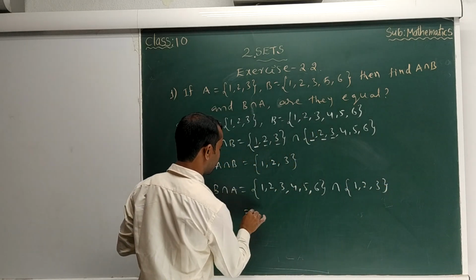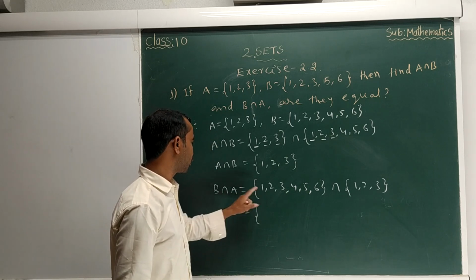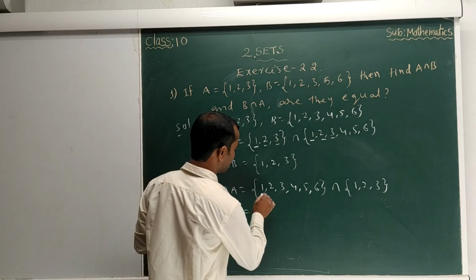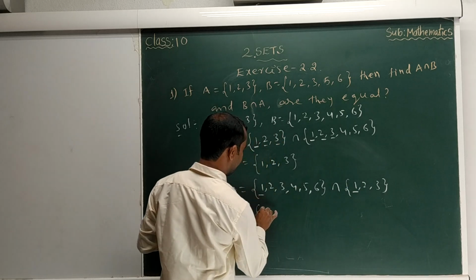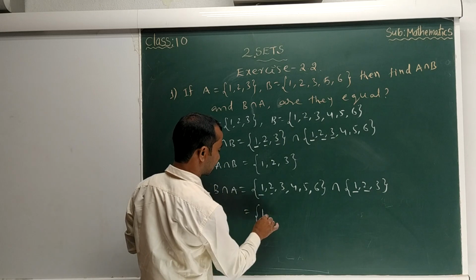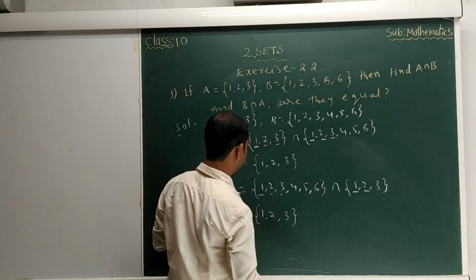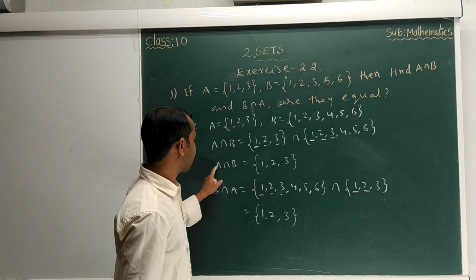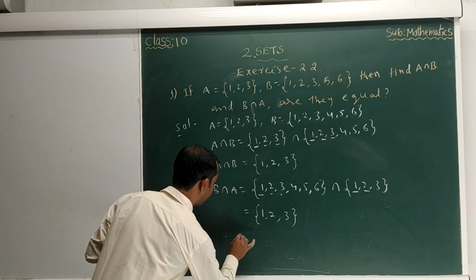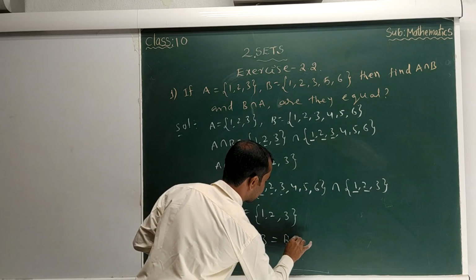So here also we can write only the common elements, which belong to set B and set A. 1 belongs to set A and set B. Next 2 also belongs to set B and set A. 3 also belongs to set B and set A. So A intersection B equals B intersection A. Both are equal.